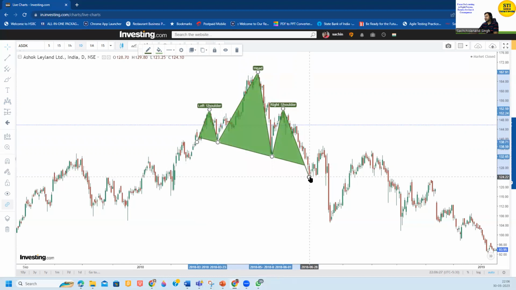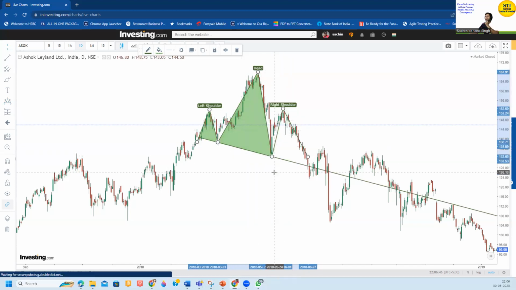If any area is left out and is not making a filled colored formation, that may not be treated as a head and shoulder.